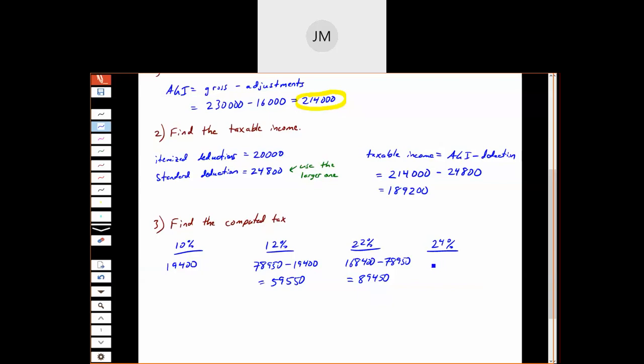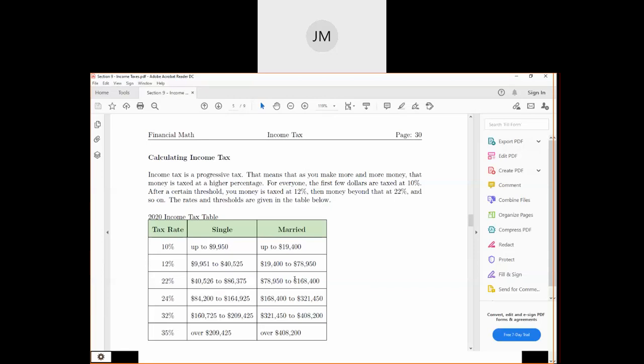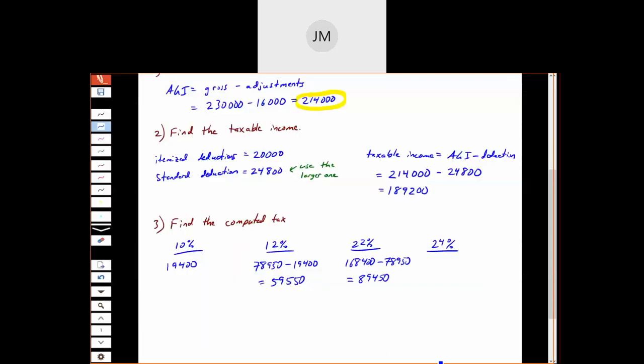So we've accounted for money up to that $168,400 because that's where the 22% one leaves off. So in the 24% bracket, we say, from $168,400 up to the amount of money we actually have. How much is that?